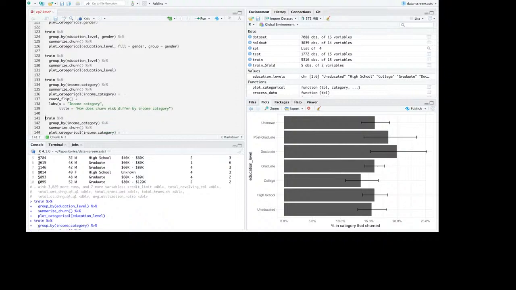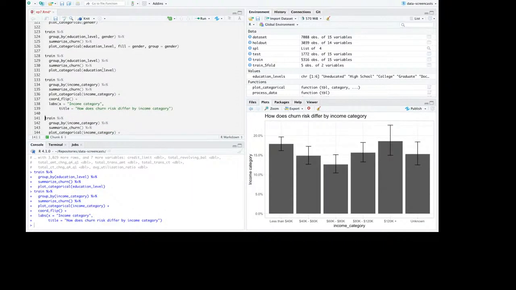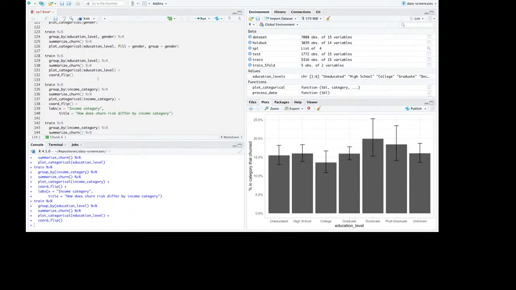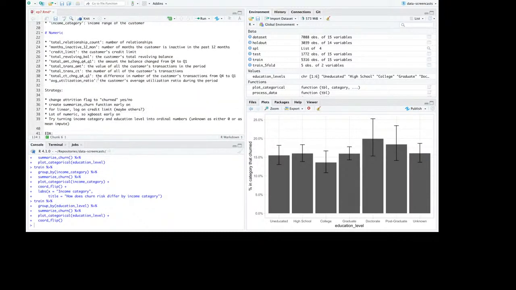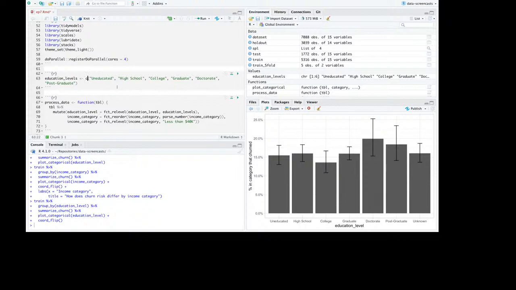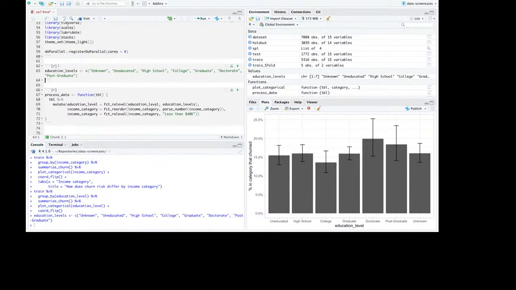and you kind of actually see something a little bit similar with income category. You know, that actually makes me think I'm going to cohort flip. And let's put unknown at the bottom.